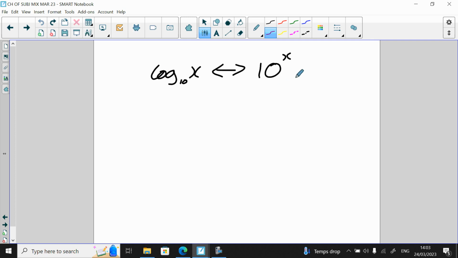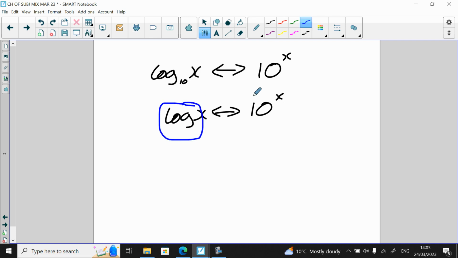These are actually inverses, but in your calculator it doesn't say that. Your calculator's just got the log key, and on the back plate it's got 10 to the power of something, and again, it might not necessarily be an x. That's okay.